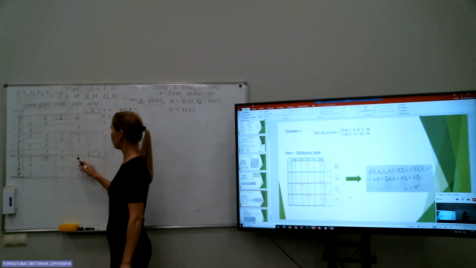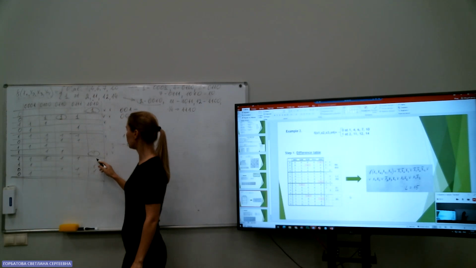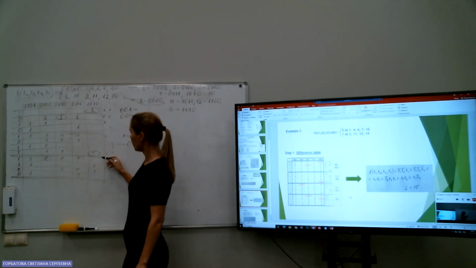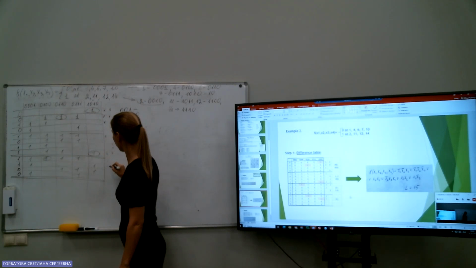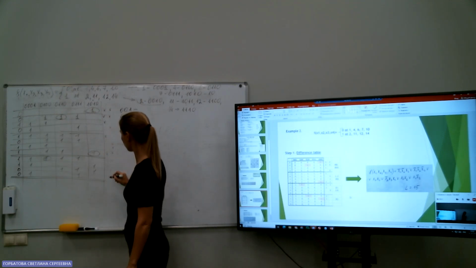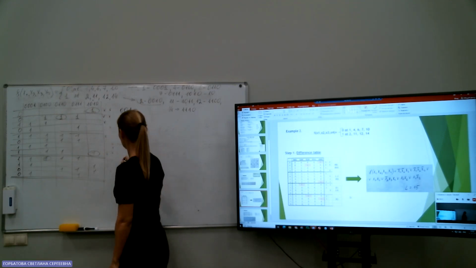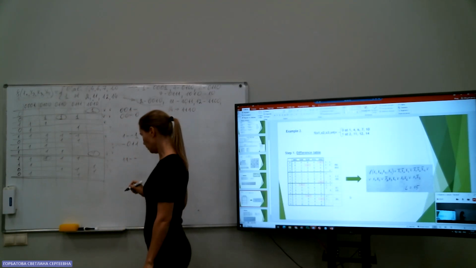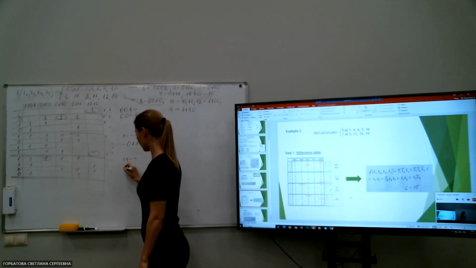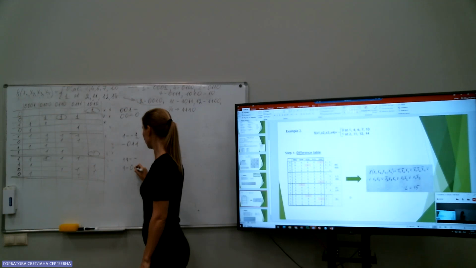So this row for each column, but not for the last one, and for the last one, two variables. So it is the first, it is the second. It is one dash dash, and one dash zero dash.